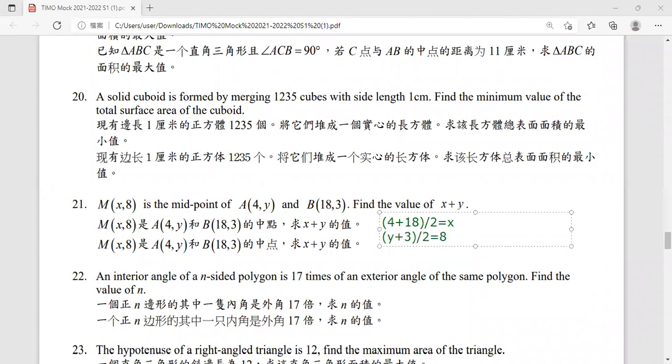So you'll find x equal to 11, and y equal to 13, and then x plus y equals 24. Nothing special.